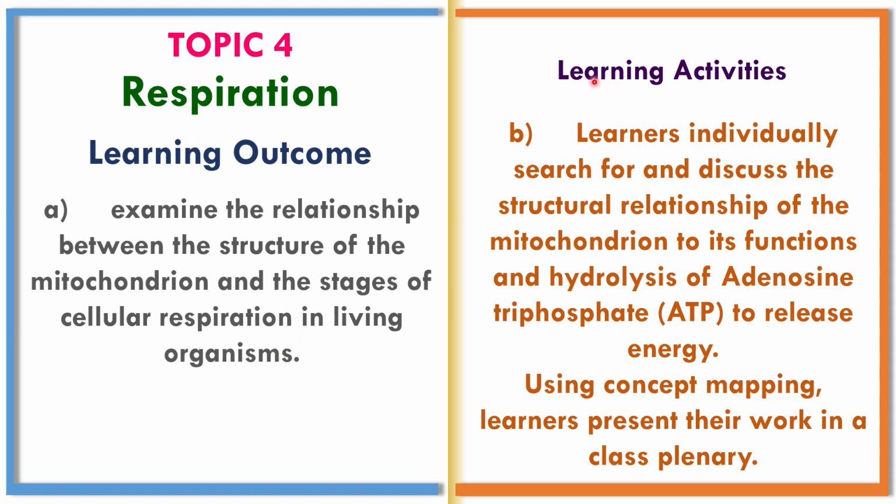We have been looking at learning activity B. Learners individually search for and discuss the structural relationship of the mitochondrion to its functions and hydrolysis of adenosine triphosphate, ATP, to release energy. Using concept mapping, learners present their work in the class plenary.